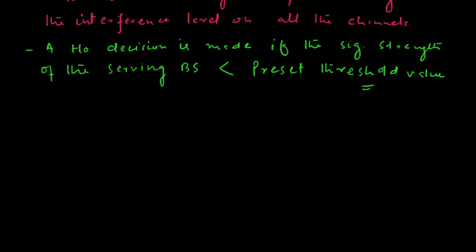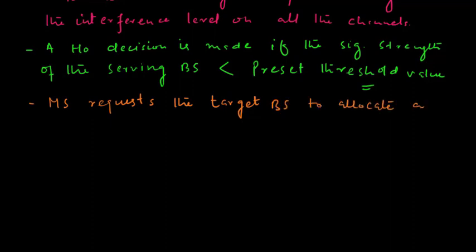Here the target base station is the new base station where the mobile station is expected to move. The mobile station requests the target base station to allocate a channel with lowest interference and better signal strength.